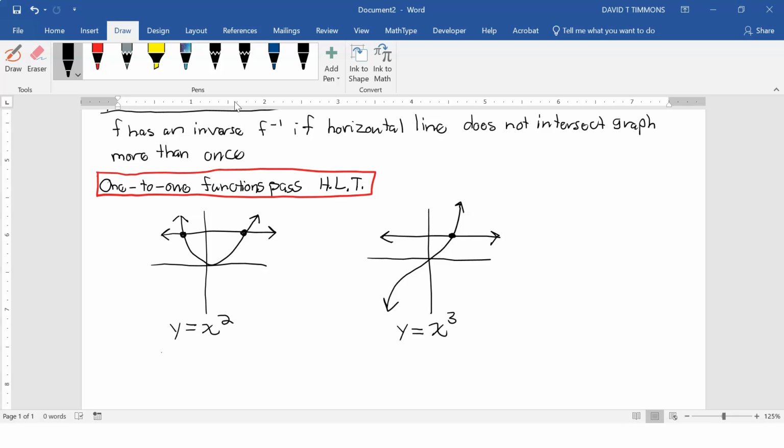So at the end, this fails the horizontal line test, so no inverse. This passes the horizontal line test and does have an inverse, which is actually one of the common functions we've studied: its inverse would be the cube root.